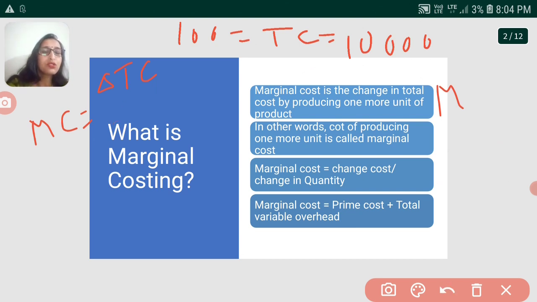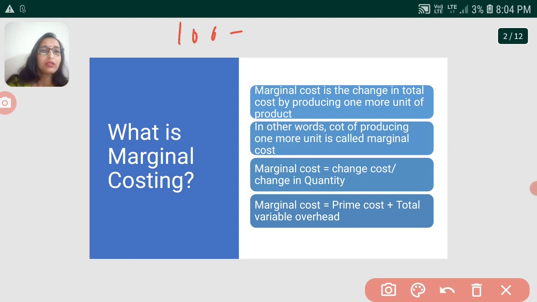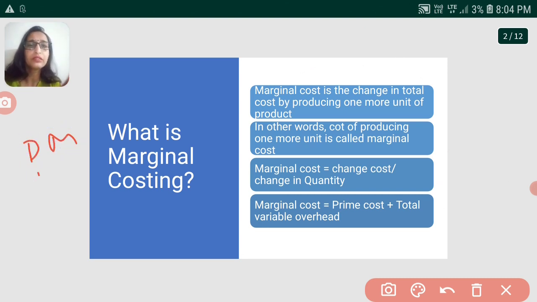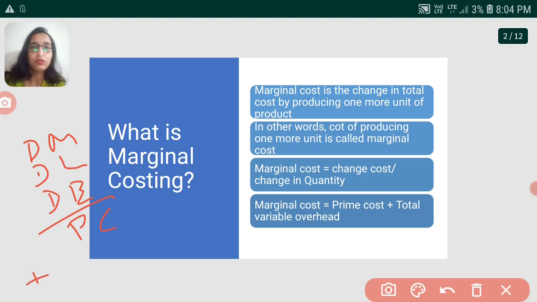One more marginal cost equation is prime cost plus total variable overhead. Just recall the elements of costing. First, direct material, direct labor and direct expenses give you the prime cost, right? Next, you add the factory overhead, administration overhead and selling overhead. But here we add only the variable overhead.